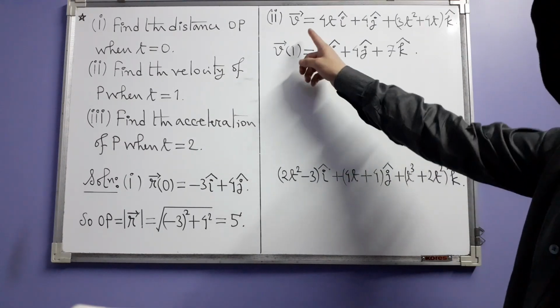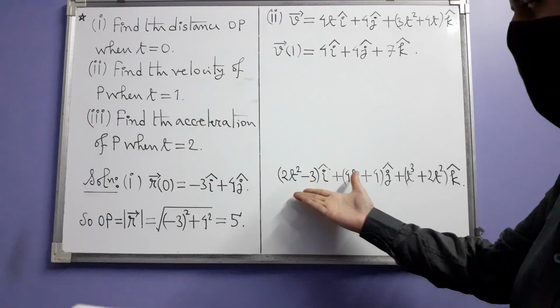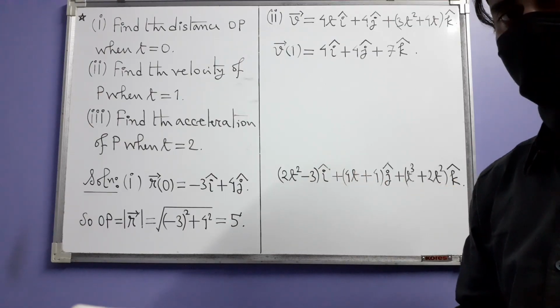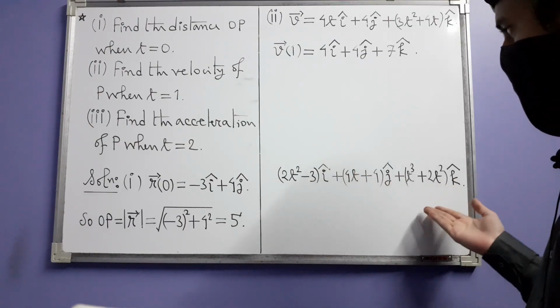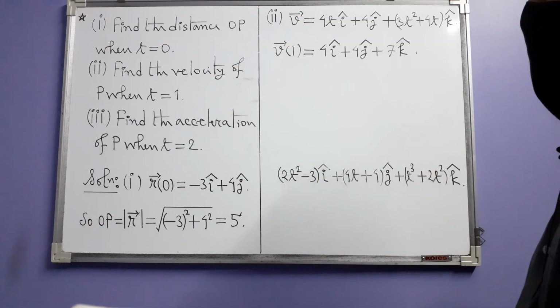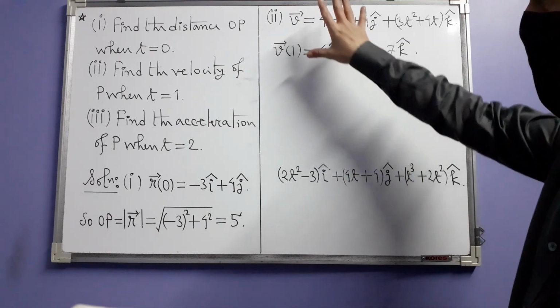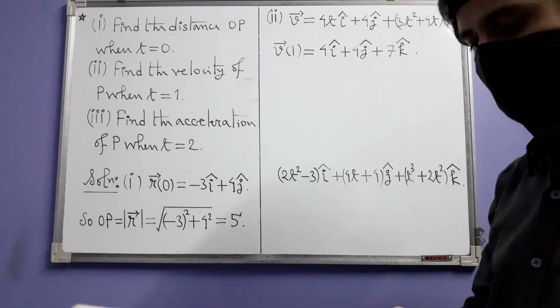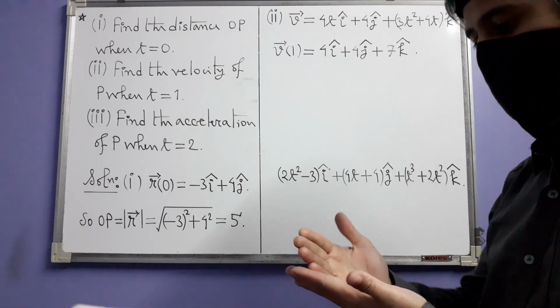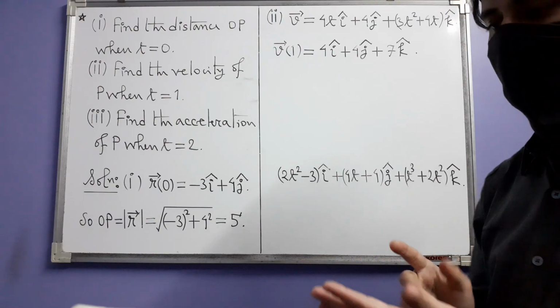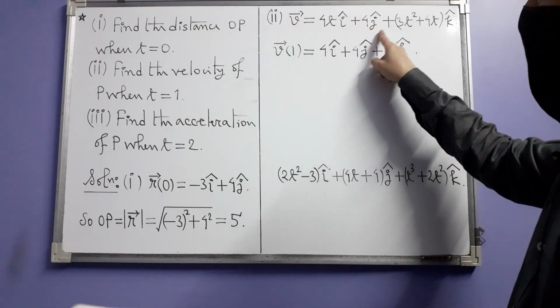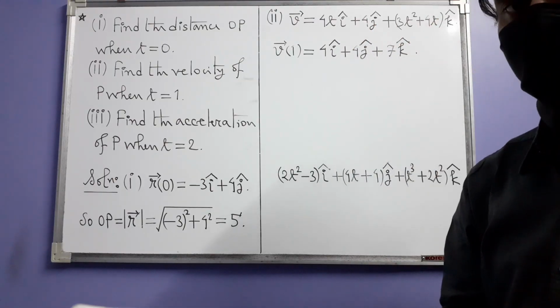Then part 2 is velocity, for which you have to differentiate this with respect to time. This is that r vector, I accidentally erased it. But anyway, before you write this though, you need to mention that in our frame of reference, the vectors i hat, j hat and k hat do not change with time.